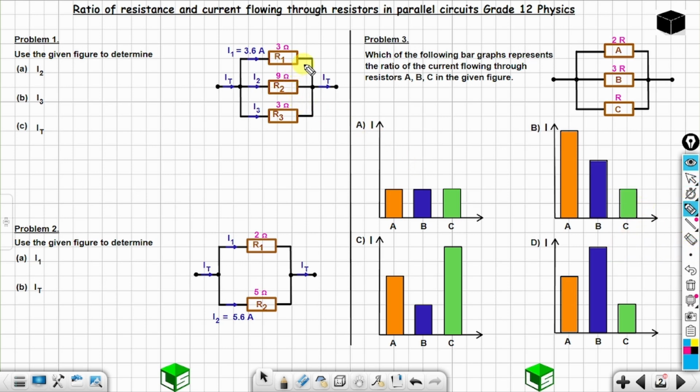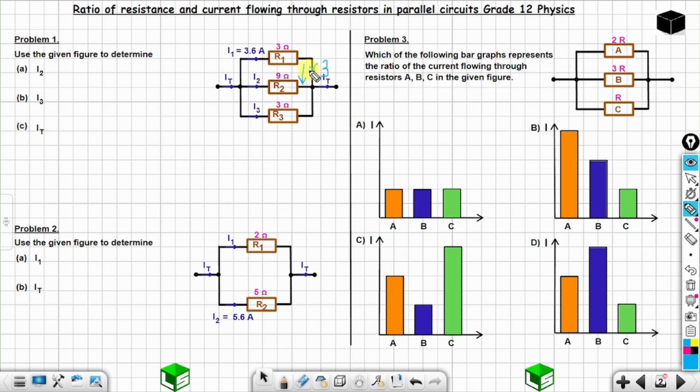From R1 to R2, you have to notice there is multiplication by 3. From 3 ohms to 9 ohms, there is multiplication by 3.